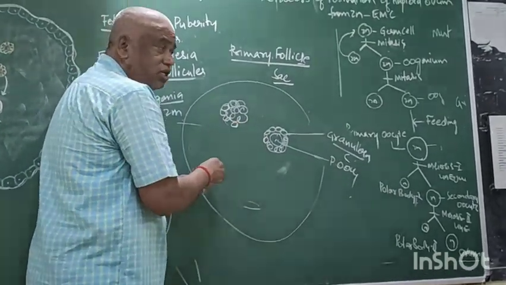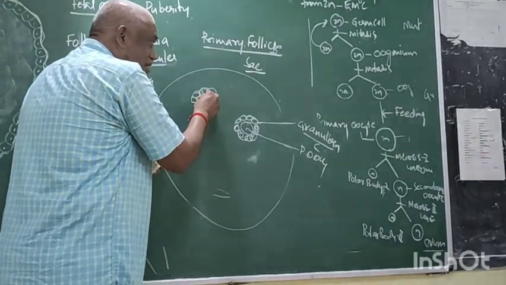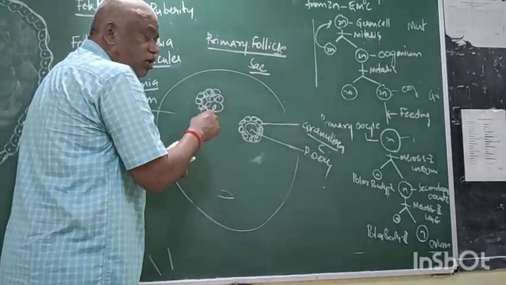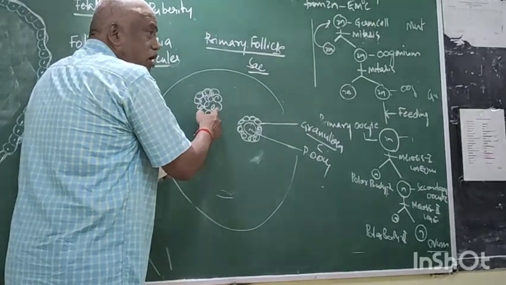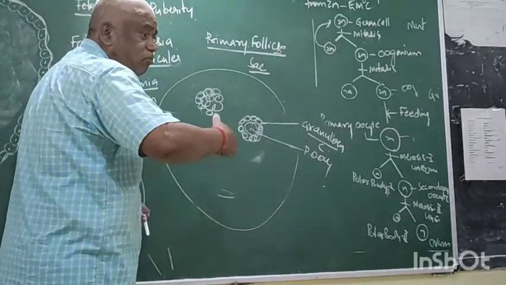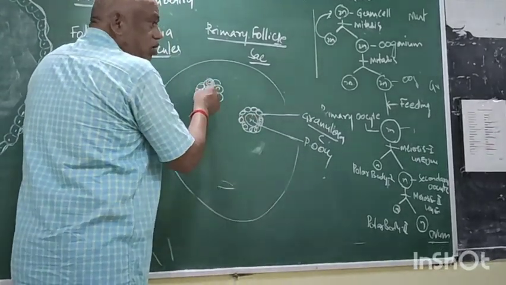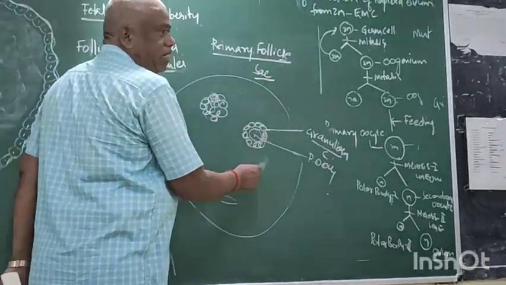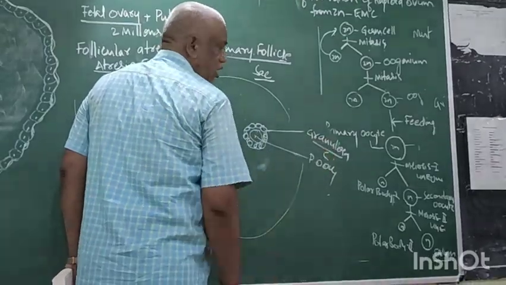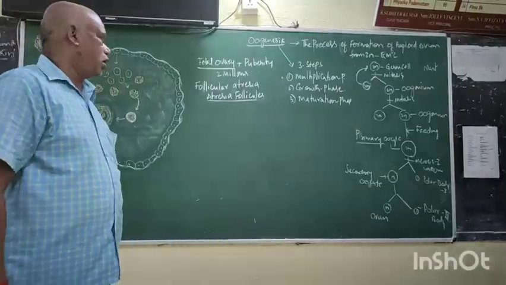In this cluster, one central oogonia feeds the other oogonia, which grow inside and become the primary oocyte. The remaining granulosa cells form a layer. Now this is the primary follicle.